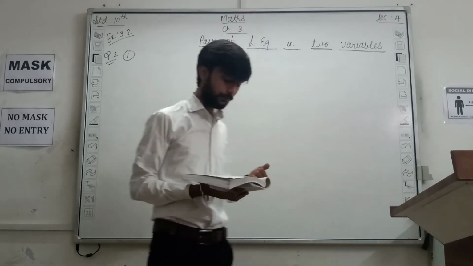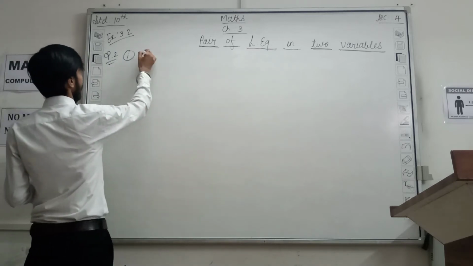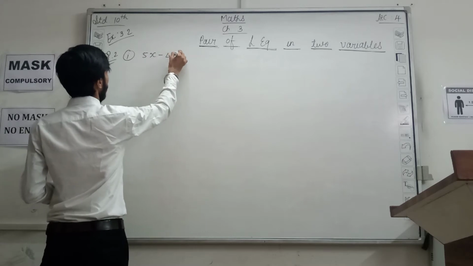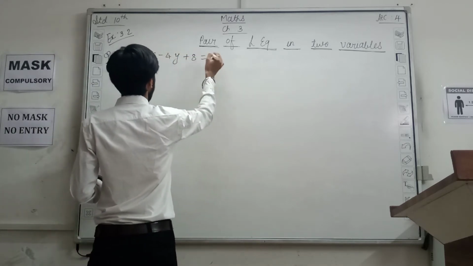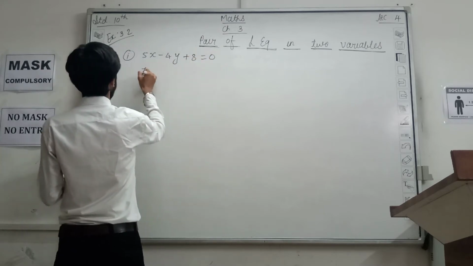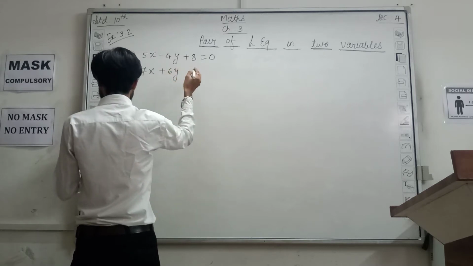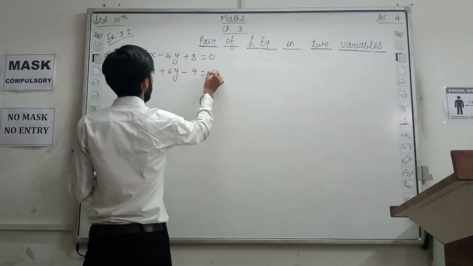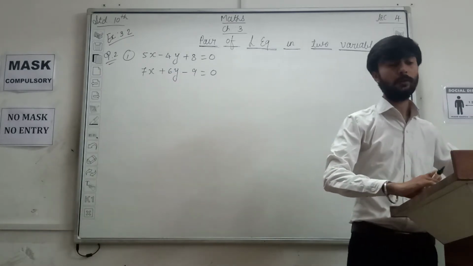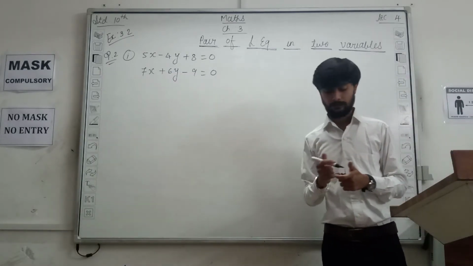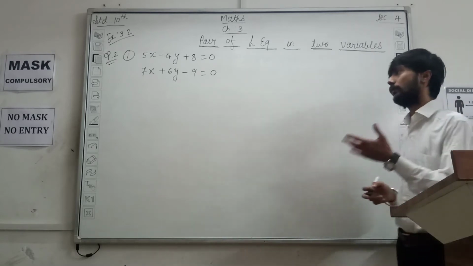So first, 5x minus 4y plus 8 equals 0, and second equation 7x plus 6y minus 9 equals 0. Now first find the values of A1, B1, C1 and A2, B2, C2.